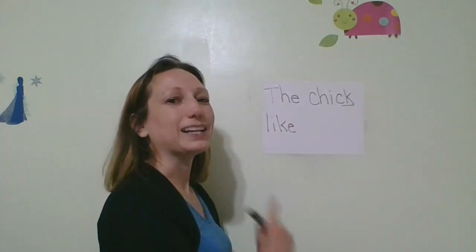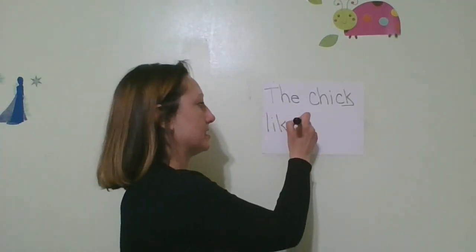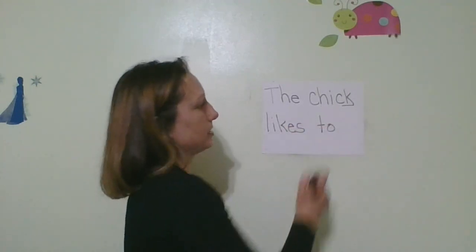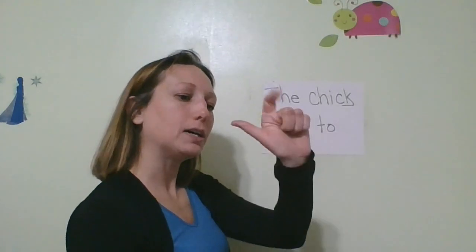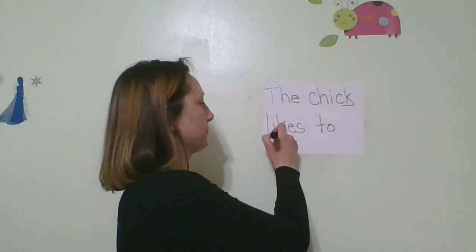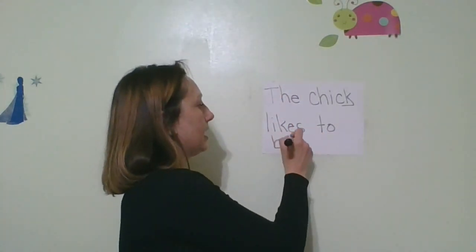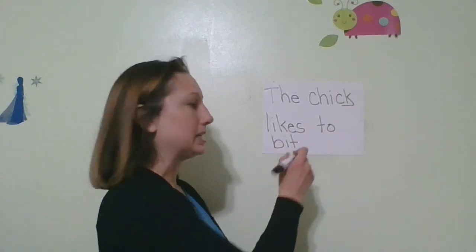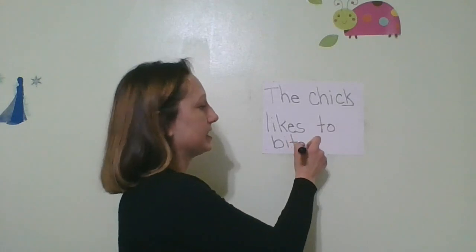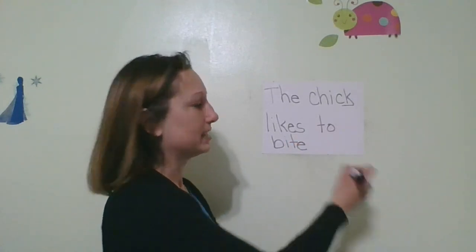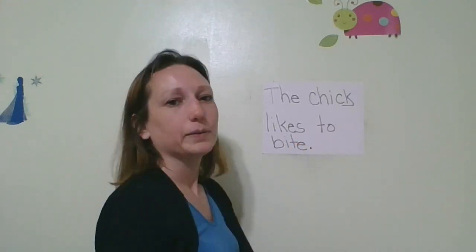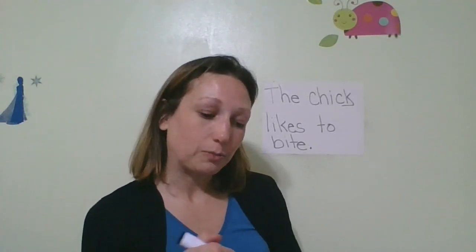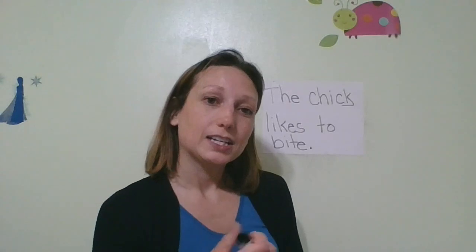I like, but I hear that s at the end. Likes to T-O bite. B-I-T. If I stop there, it says bit. I want my I to say its name, so I put the E on the end, and I put a period. So maybe you're visiting a petting zoo, or maybe you have your own chicks, and you might say the chick likes to bite.